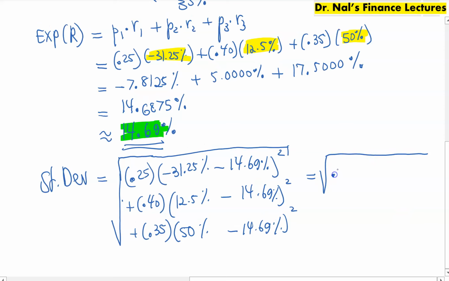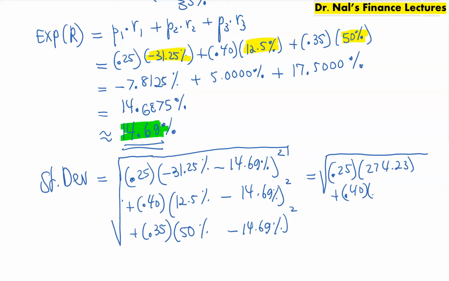So we have 0.25 times the initial number there, 31.25 minus 14.69 equals, and then squaring it, 274.23. The next number will be 0.40 times 12.5 minus 14.69, squaring it, 4.796.